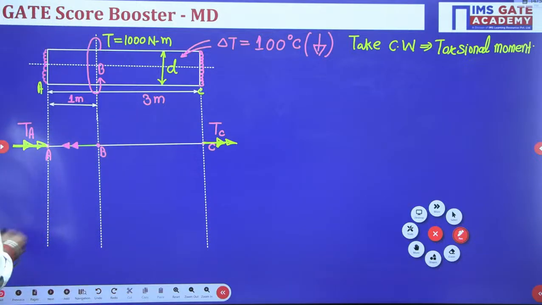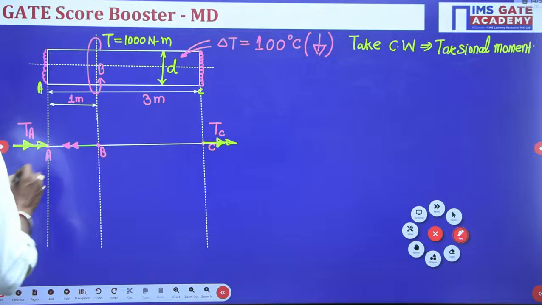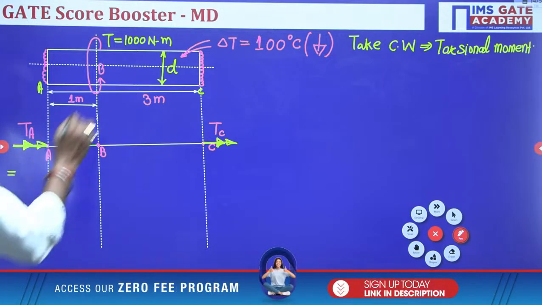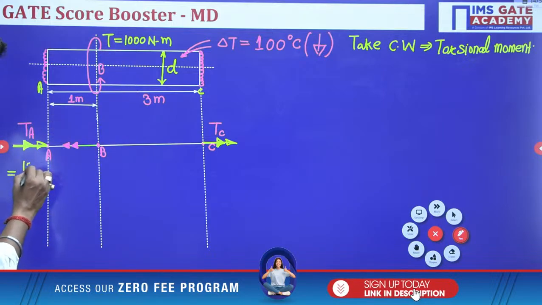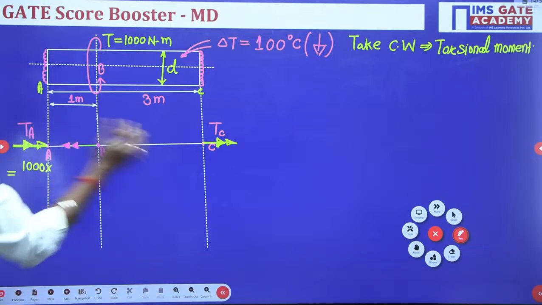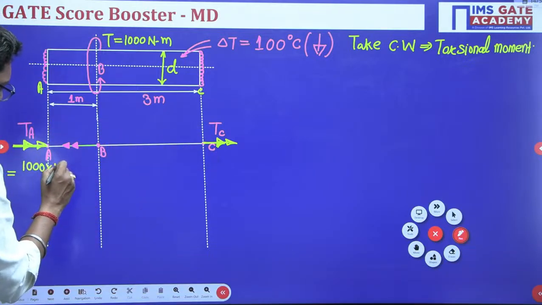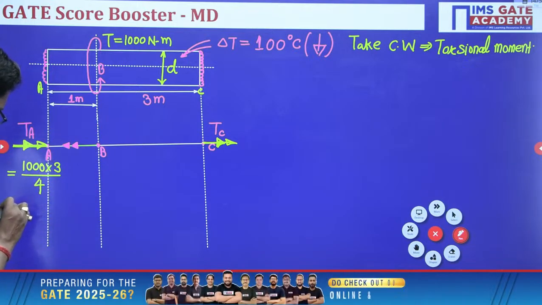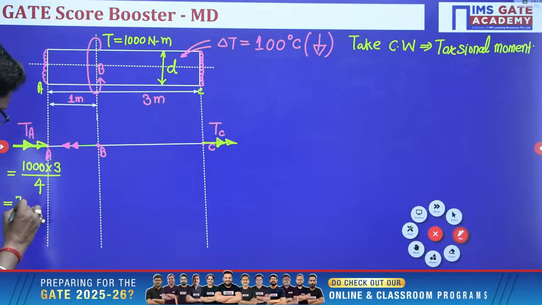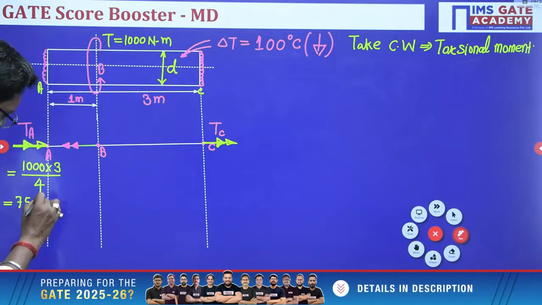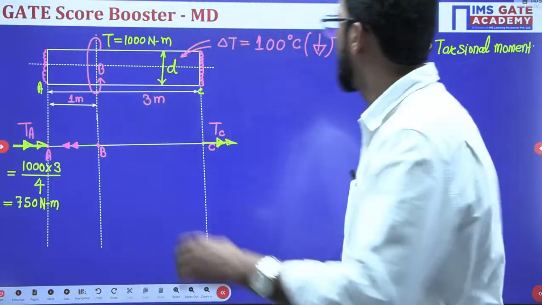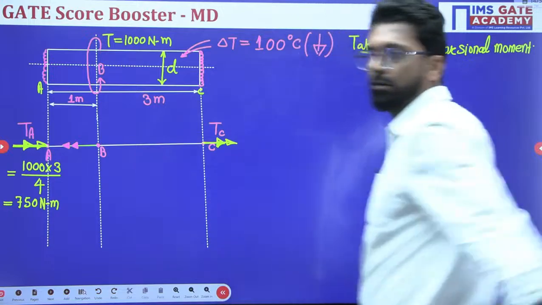What is TA? This torsional moment: how to calculate? 1000 into the opposite distance 3 divided by the total distance 4, so this is 750 Newton meter. This is a shortcut method, applicable when a constant torque is applied.